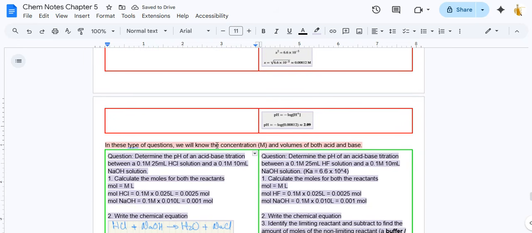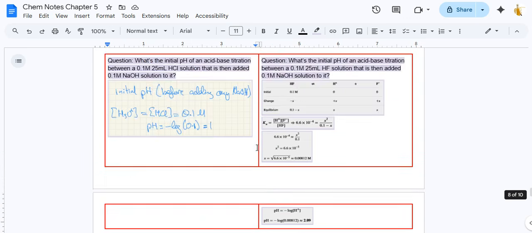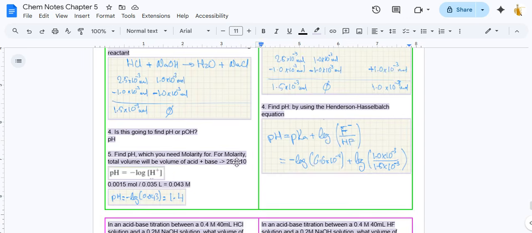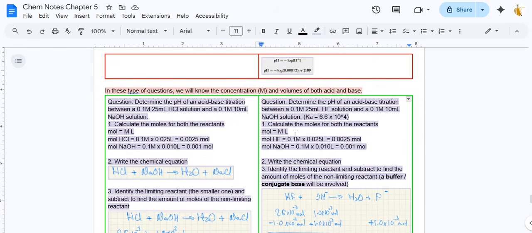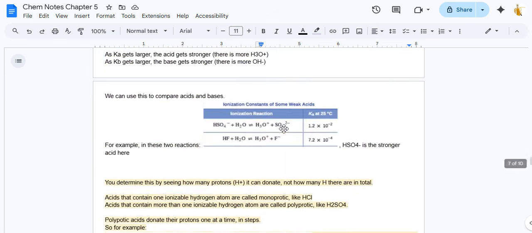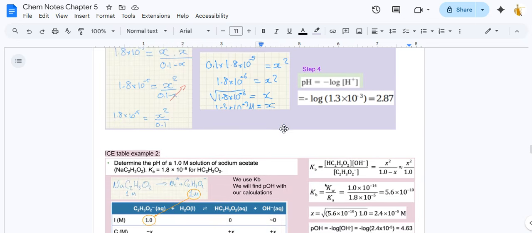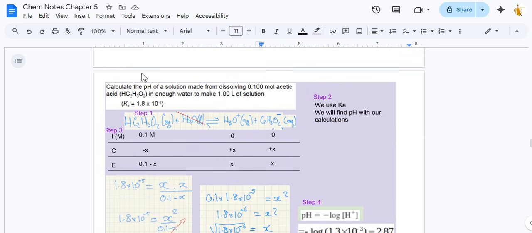So if we see two concentrations and two volumes, we know to do this thing, and we know to not do this thing over here, which kind of looks similar.